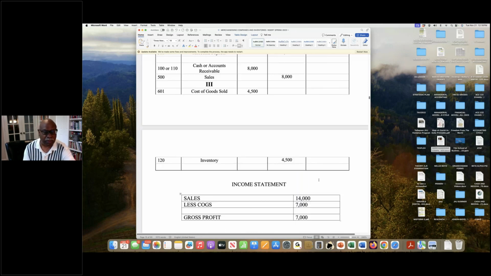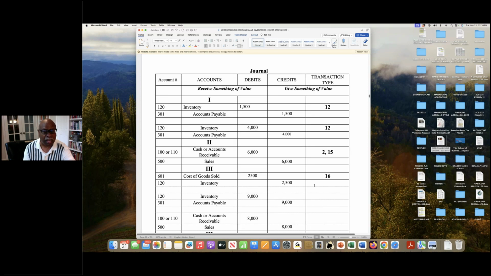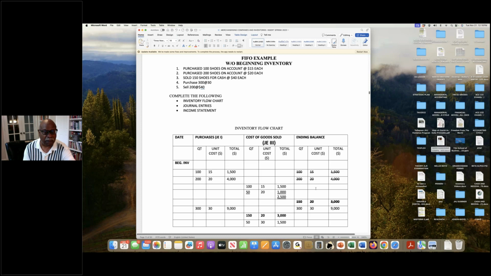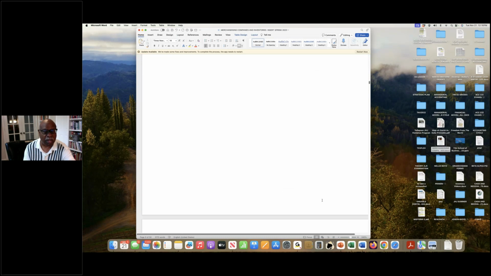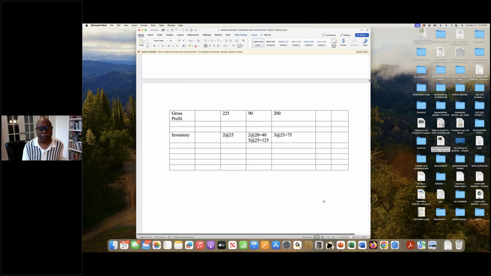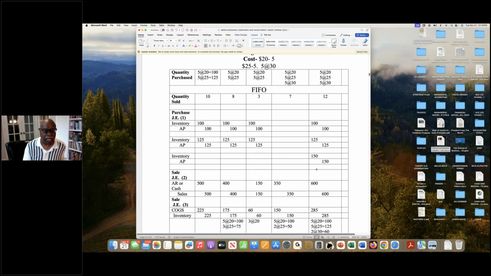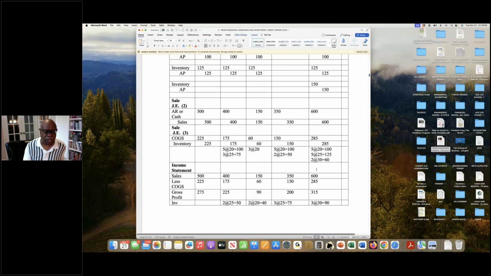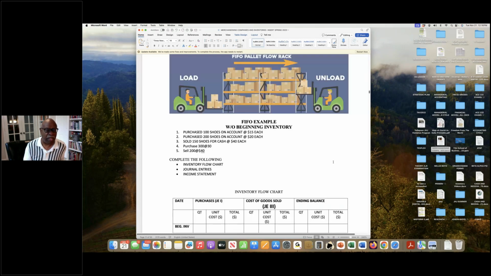So what you need to do is go back and review this FIFO example and make sure you can do it. Okay. So we work through the whole FIFO example, make sure you can do it. Then, in terms of how things are going to look, we're going to have continuing transactions: purchase, purchase, sale, purchase, sale.